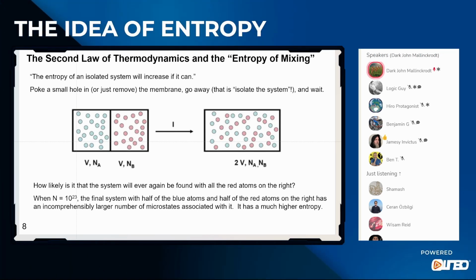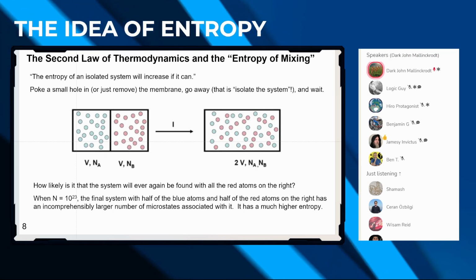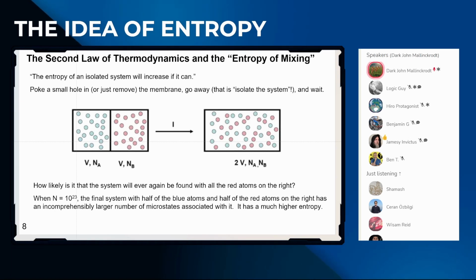And the reason for that, in the language of statistical mechanics, is simply that it's a macrostate of the system that has far more microstates associated with it. There are way more ways of putting red molecules around mixed with the blue molecules than there are of putting all the red molecules on one side and blue molecules on the other.